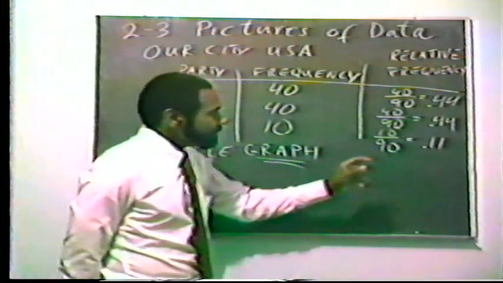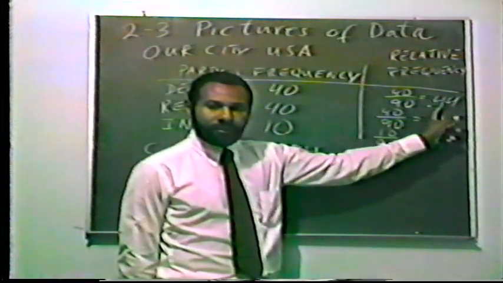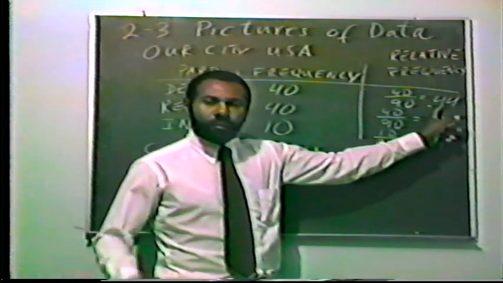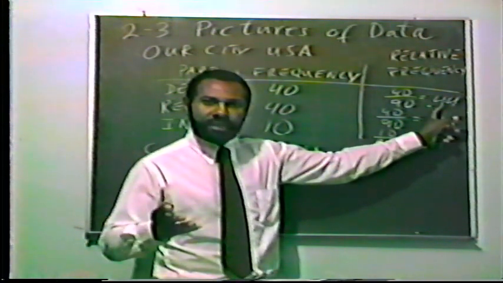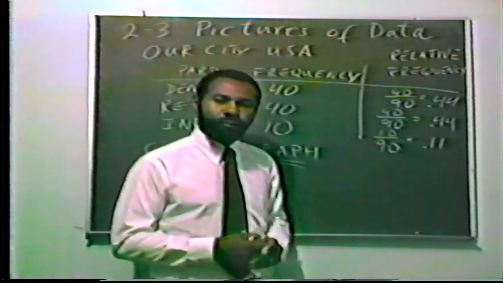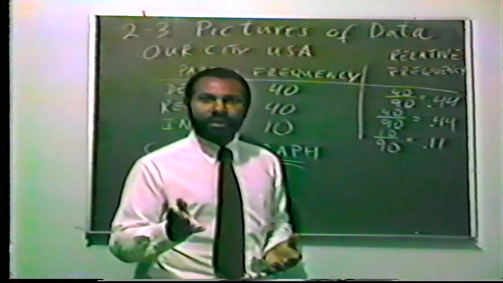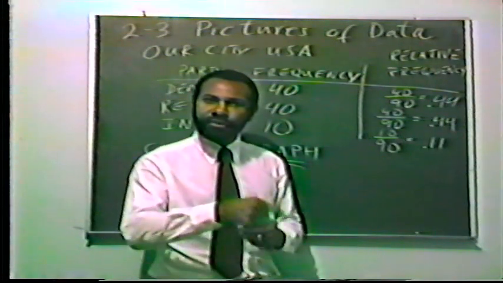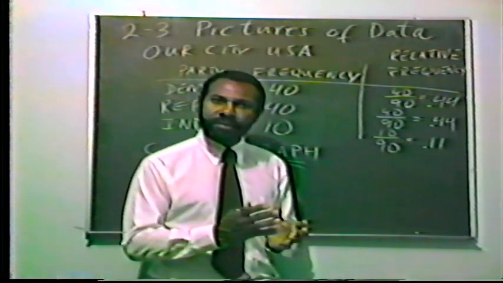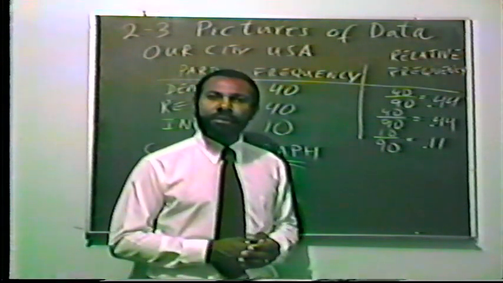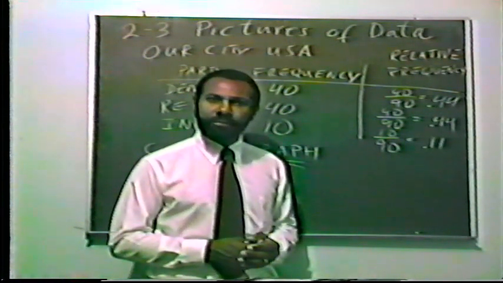When we say that the relative frequency here for the Democrats is 44 hundredths, we mean that 44% of the individuals that we surveyed were Democrats. This means that 44% of our circle, 44% of the 360 degrees should be devoted to the Democratic Party.